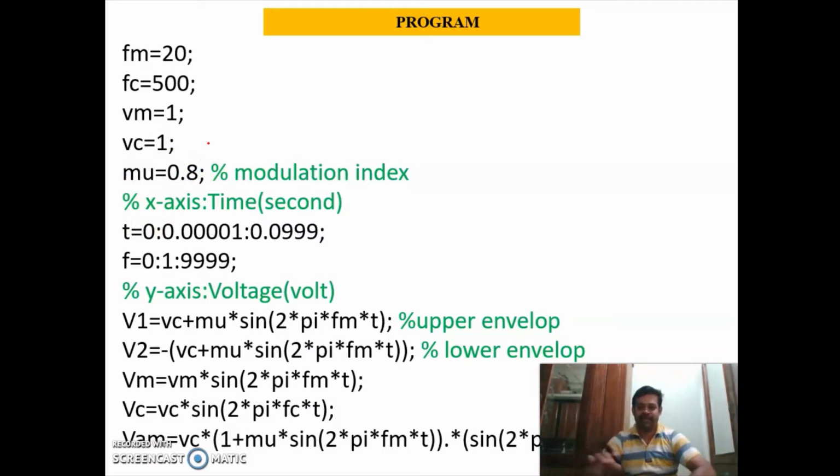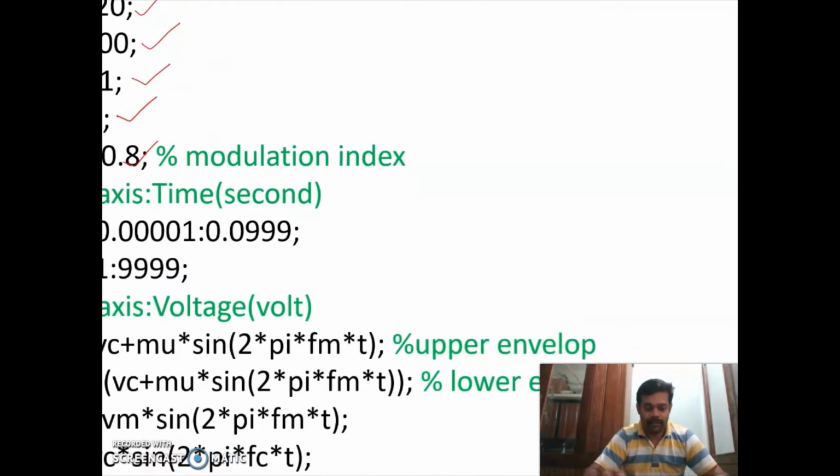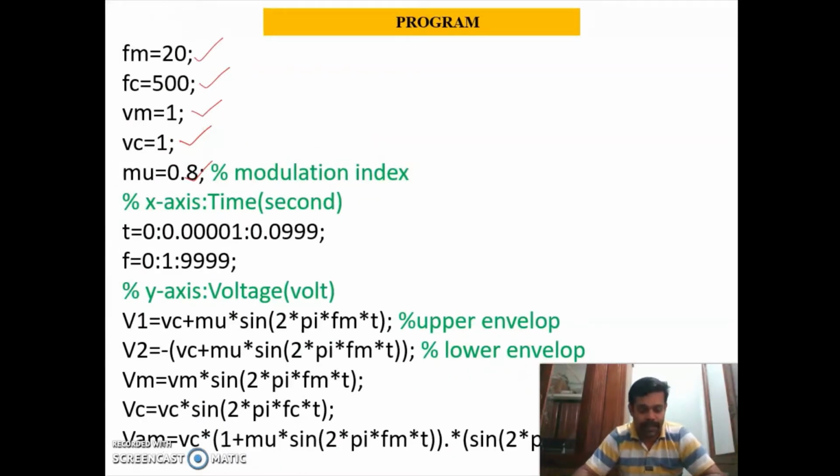So first we are defining the frequency and amplitude of the modulating signal, the frequency and amplitude of the carrier signal, and finally the modulation index, that is 0.8. Then we define the x-axis and y-axis.